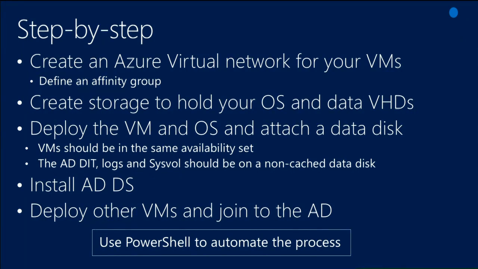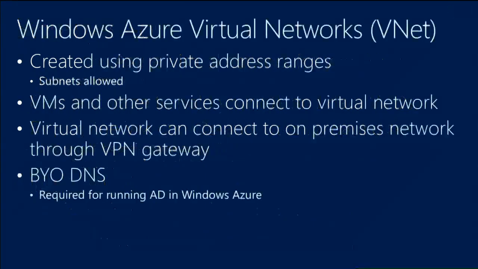And of course, you can drive this whole thing with PowerShell. So I can use a very simple bit of Azure PowerShell to create my VM, create a disk, attach the disk, and then I'm all ready to roll with this thing. And then I can have a little bit more PowerShell that installs the role, and then finally installs AD for me. So I can automate the whole process.